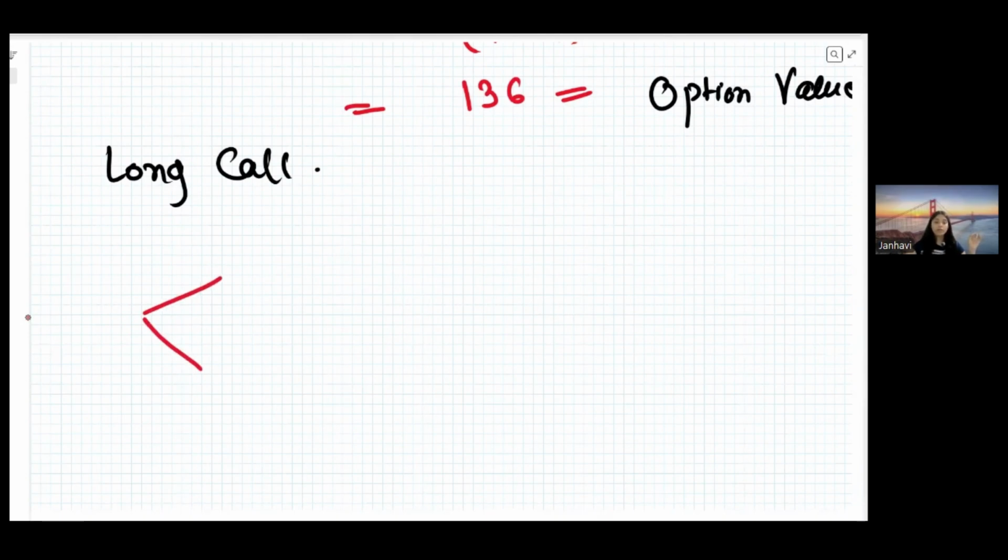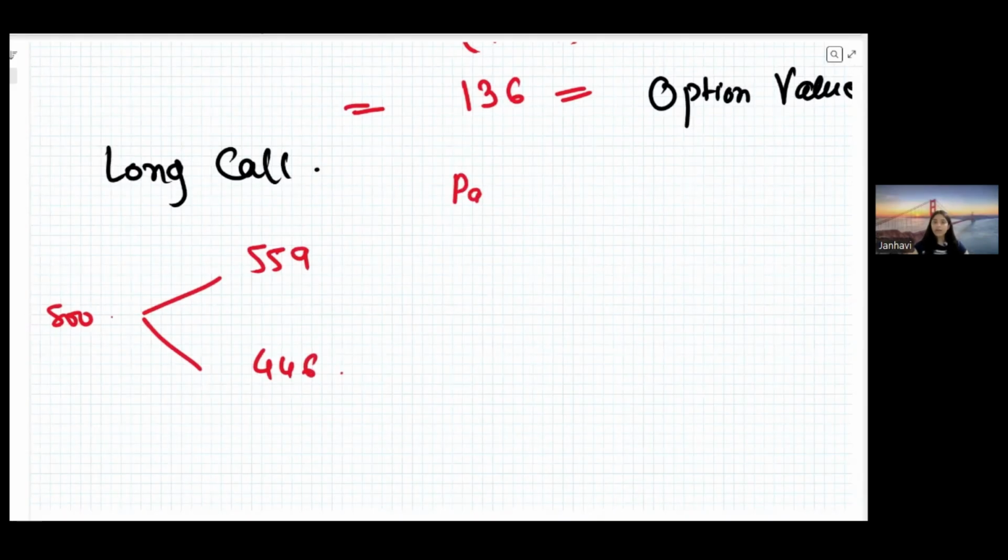Now what we have learned, the binomial tree will always start from 500, that is the spot price. Now we had come to a conclusion that here the number might go up to 559 and here the number might go down to 446 rupees. Now let's calculate the payoff. While we calculate payoff, we know that for call position we need to do spot minus strike. So what is the spot here?